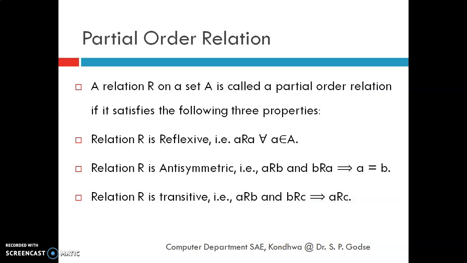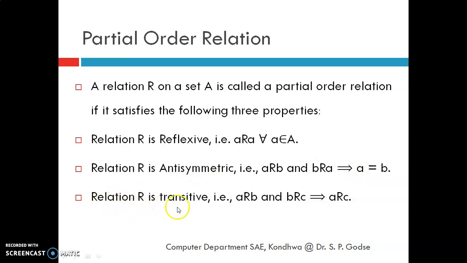So what exactly is the reflexive property? Relation R is reflexive if A is related with A for all A belonging to A, then that relation is called a reflexive relation. Relation R is antisymmetric if A is related with B and B is related with A, then A should be equal to B. If it is satisfied for all these pairs, then it is called an antisymmetric relation.